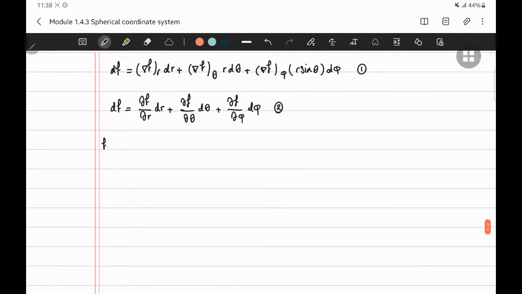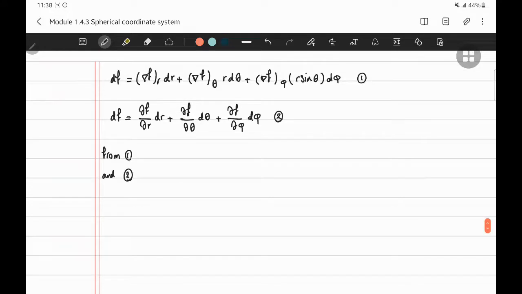So if I compare 1 and 2, what you get is del f r is equal to the partial derivative of f with respect to r.